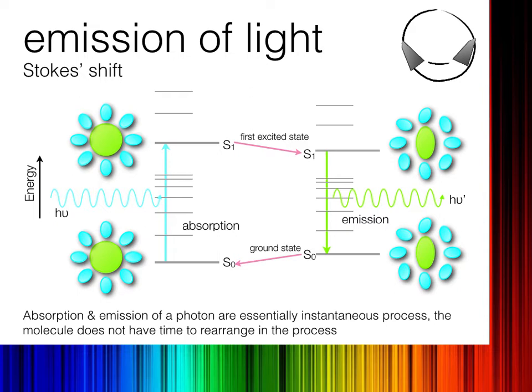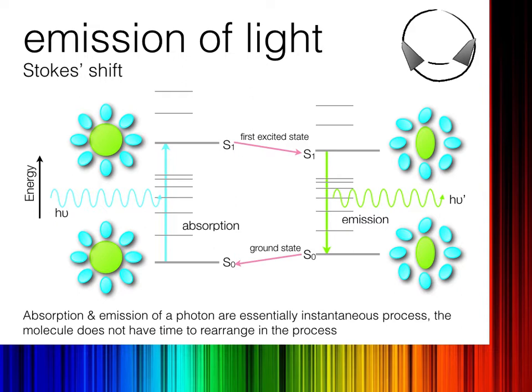So if I follow this diagram from the bottom left, I have my molecule which is optimized for the ground state system. I absorb a photon of light into this, and I've said that this happens very quickly, 10 to the minus 15 of a second. This is 1,000 times faster than the molecule has chance to reorganize and vibrate. Consequently, I excite into a non-optimized excited state.